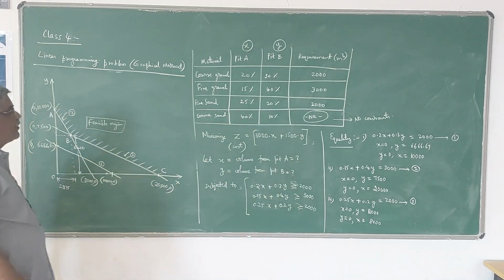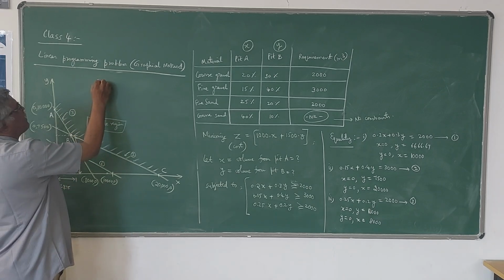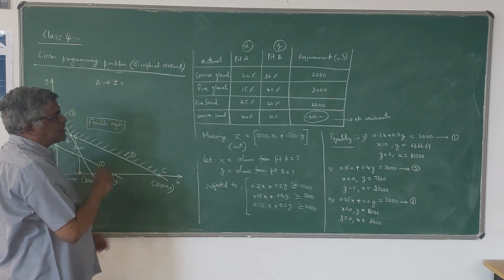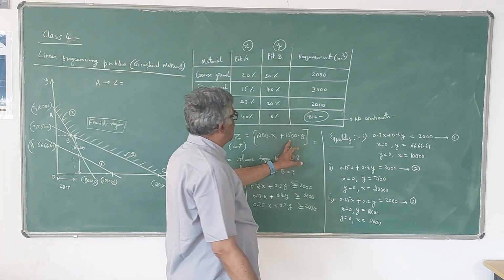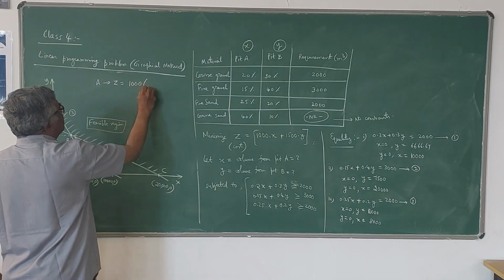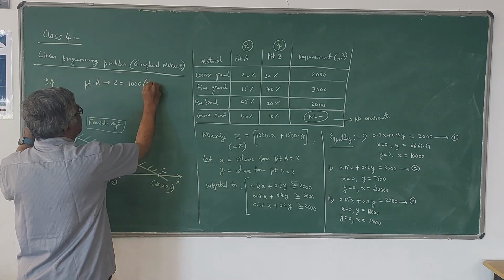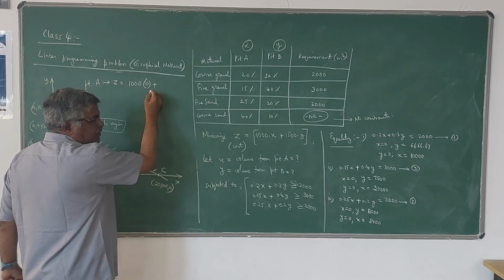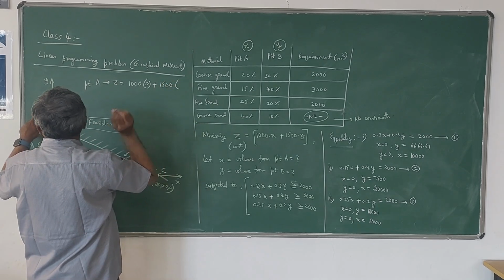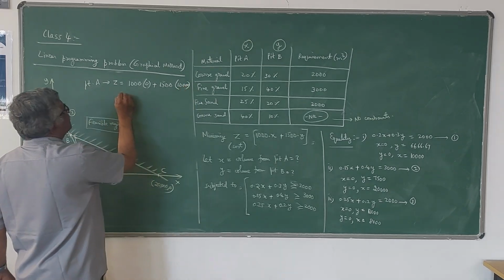So now we have to get the values of z at these 3 points. At point A, z is given as 1000x plus 1500y. So 1000 into the x value at point A, which is 0, plus 1500 into the y value, here 10,000.